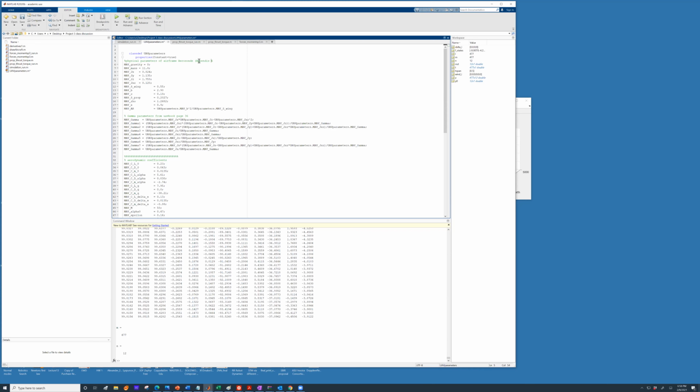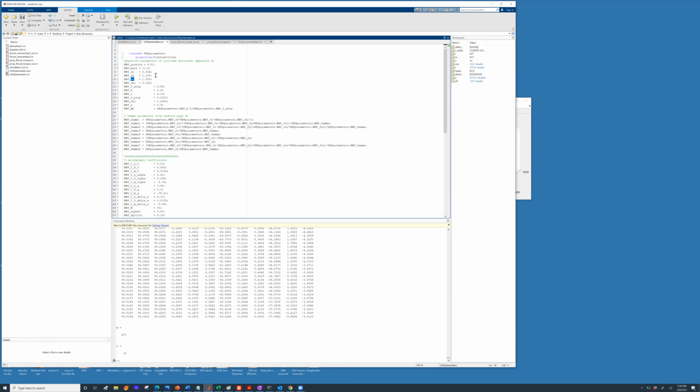Now, one thing I want to show you: I changed this value of gravity to 0. This has to be 9.81. MAV gravity is 9.81. Save this. Then MAV mass is 11 kilograms. Jx is the moment of inertia about x, Jy is the moment of inertia about y, and Jz is the moment of inertia about z.